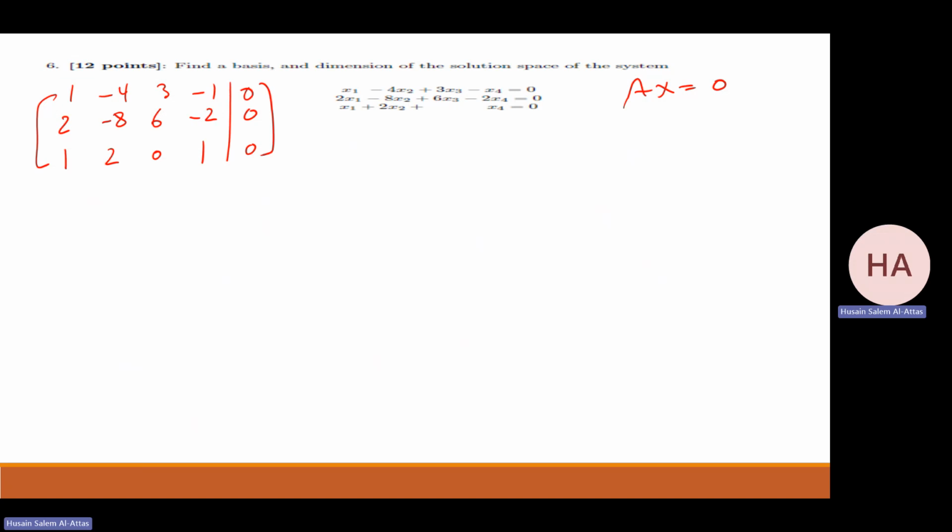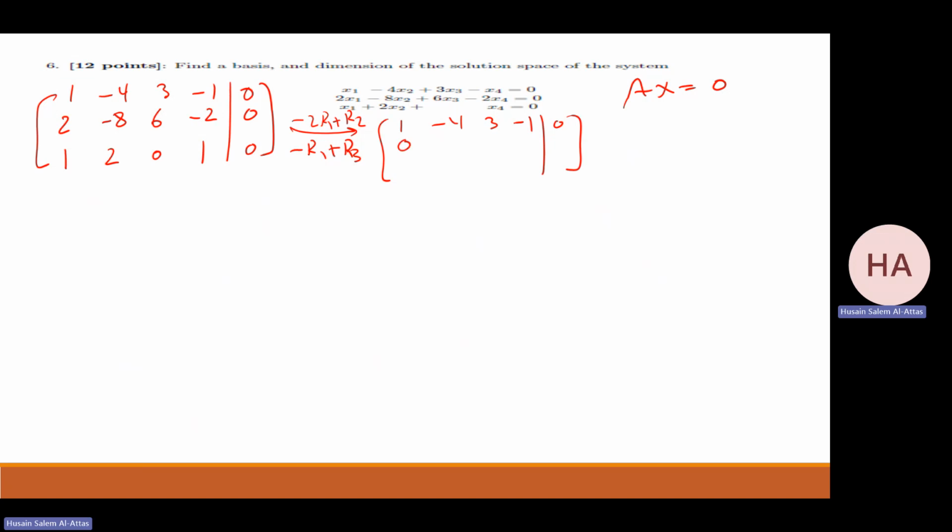Then I need to multiply the first row by minus 2 and add to R2, minus R1 plus R3, to get 1, minus 4, 3, minus 1, 0.